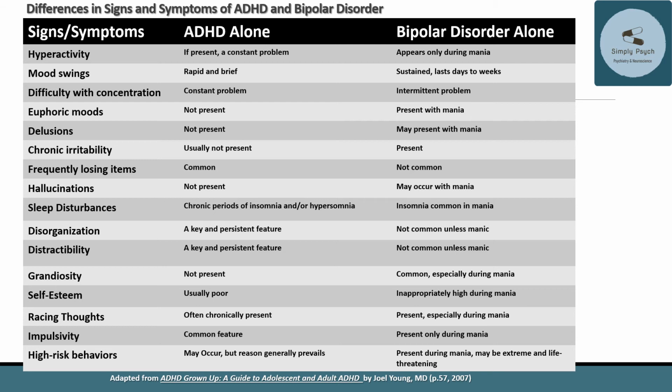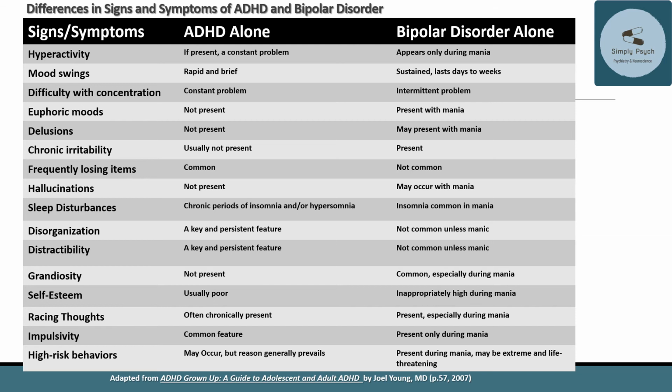Delusions, again, not present in ADHD, but it may be present in mania. Chronic irritability, it's usually not present in ADHD, but in bipolar disorder, you'll often see it. Frequently losing items is common in ADHD, but it's not common in bipolar disorder. Hallucinations may occur in mania and bipolar, but it does not occur in ADHD.